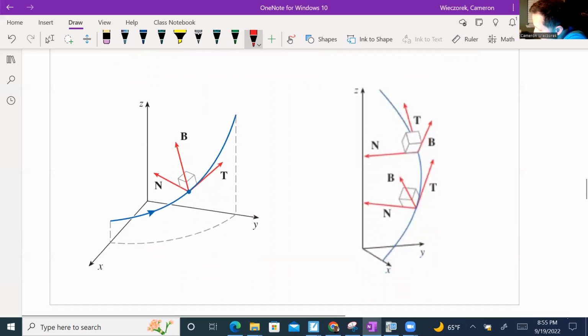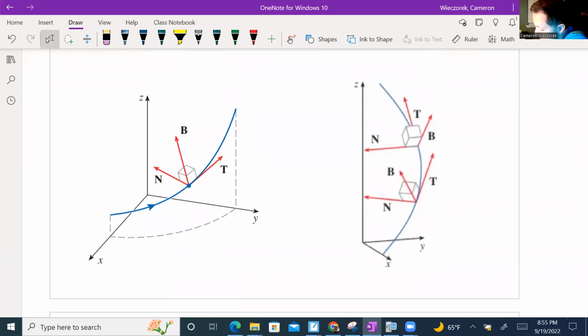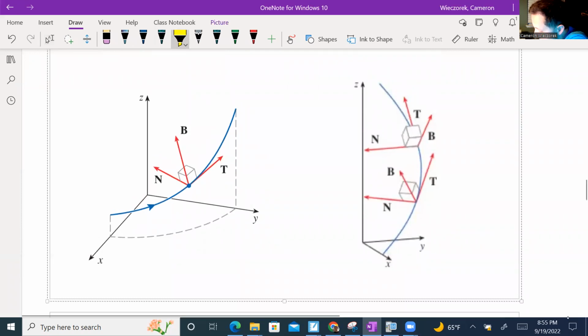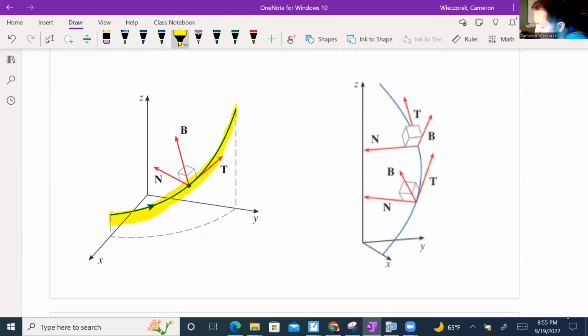So a couple visuals just to show you in pictures. Here's a space curve that I have outlined in yellow, and it shows us the direction that it's increasing is upward and to the right. Focus on a very specific point on that graph, which I'm outlining right now in blue. A couple of vectors we care about in terms of the TNB frame. I'll do them in different colors here. In red, we've got the unit tangent vector, which points in the direction of the curve.